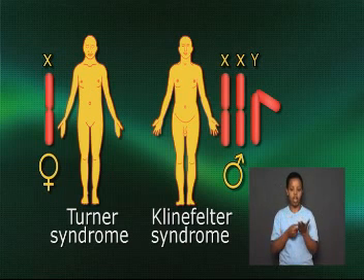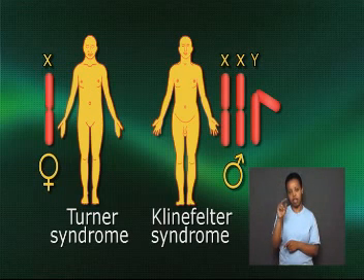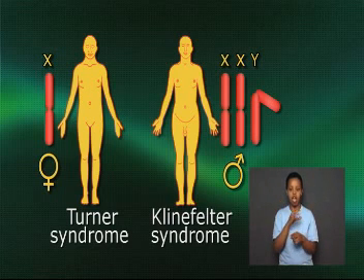This is called Klinefelter syndrome. Individuals who are born with too many or too few chromosomes are sterile. This means that they are incapable of having children of their own.